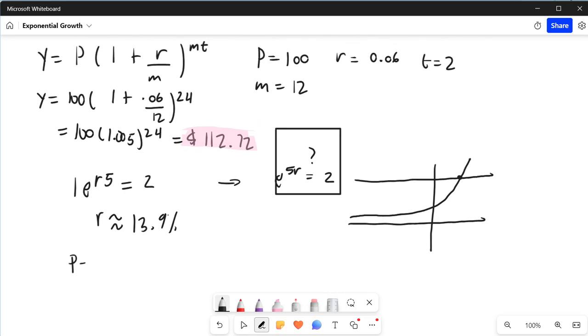And you could probably do the exact same thing. Let's imagine for a moment that you had $1,000, and the interest rate was 5.5%, compounded on a monthly basis.